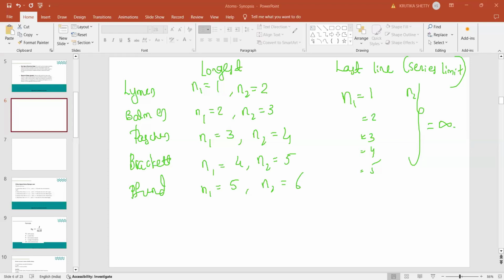Just copy down the points. If any doubt is there in today's class, please ask, students. This one you note down. While doing the numericals, you will understand how to use it.